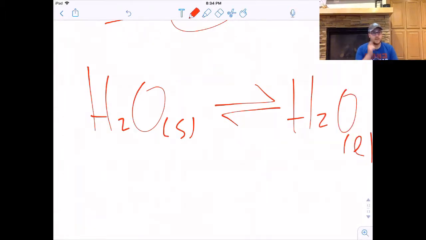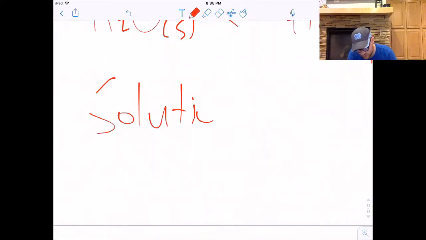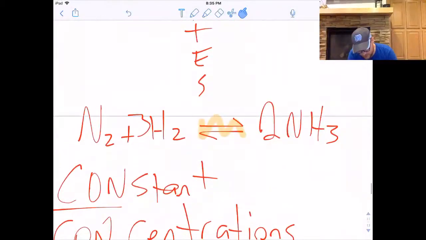You can have solution equilibrium. And the first one I showed you with making ammonia, this is chemical equilibrium. Chemical equilibrium because the substances on the left and the right are the same atoms. They're both N's and H's, but on one side they're elements, diatomic atoms, and on the other side, it's a compound. It's ammonia. So that's chemical equilibrium.